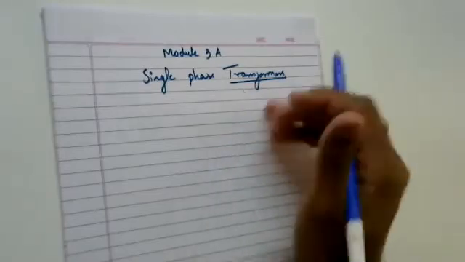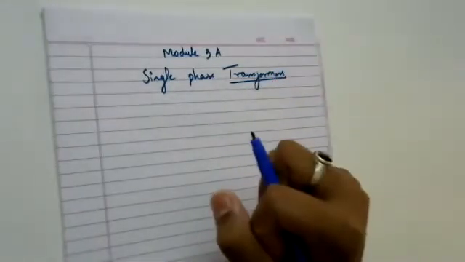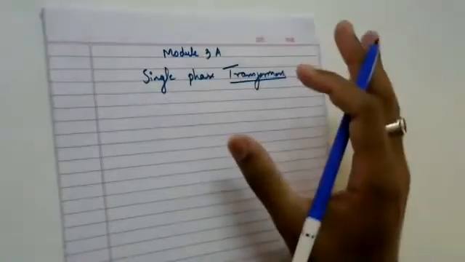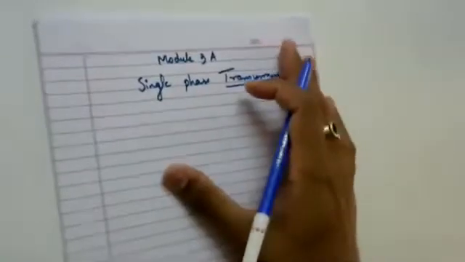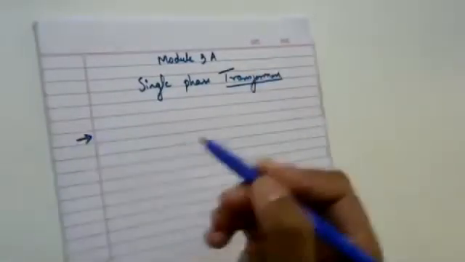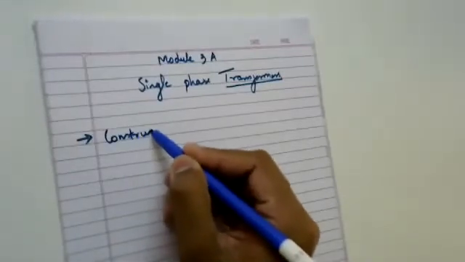So transformers are the key component, and hence they are called the primary component of the power system, which allows electrical power to be transmitted from the generating point to the consumer point. Clear? Fine.